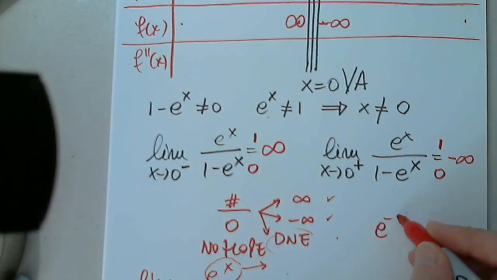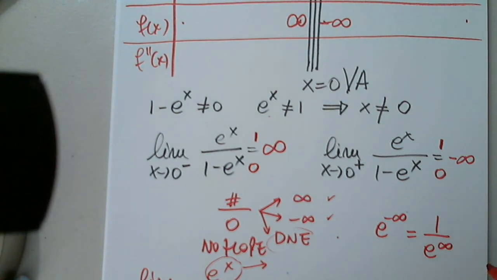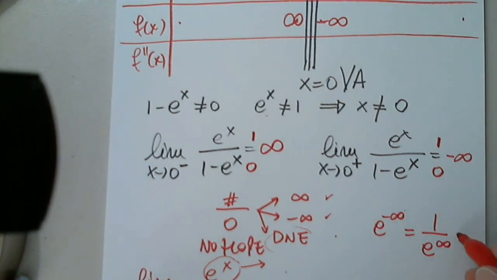So e to negative infinity is 1 over e to infinity. I shouldn't write this. This is not legitimate, but I have to write it to explain. And where is this going? Is it 0? Very good. So the numerator goes to 0.